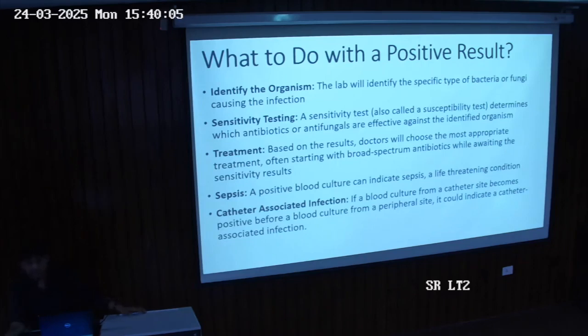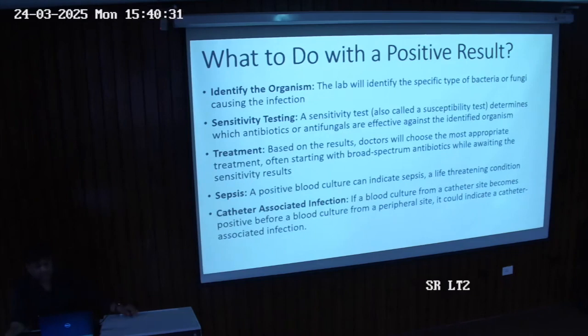Certain antibiotics or antifungal drugs are used to see the sensitivity of that organism. Sometimes some are resistant, some are sensitive. So treatment is based on that result, and the doctor will choose the appropriate antibiotic. Before that, we can advise a broad spectrum antibiotic that covers both gram-positive, gram-negative, and fungal infection.